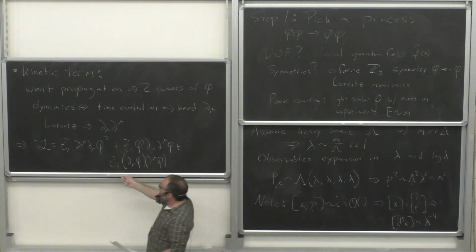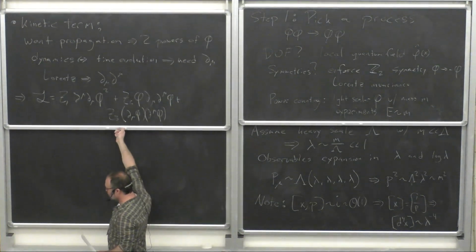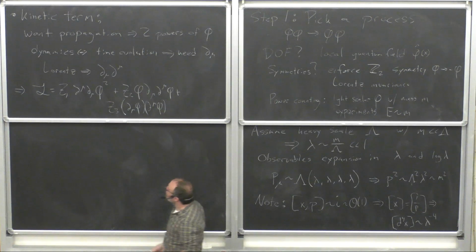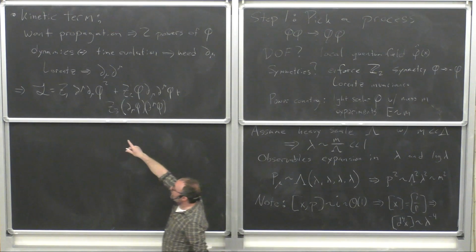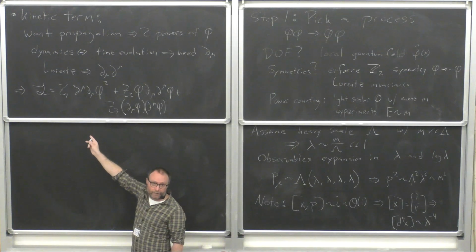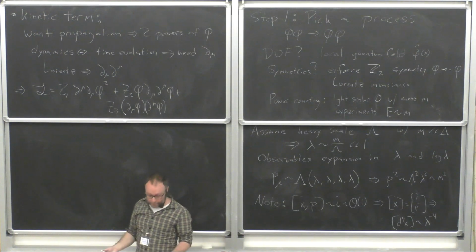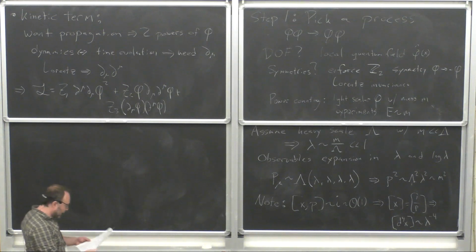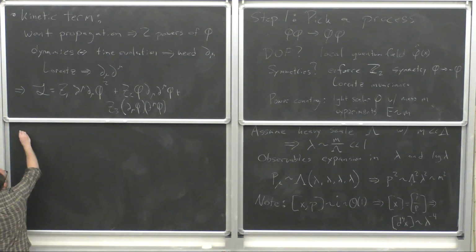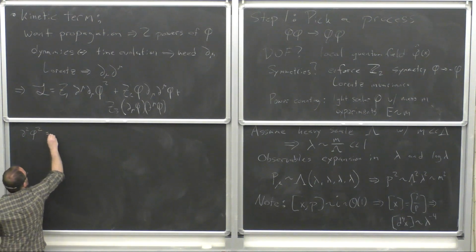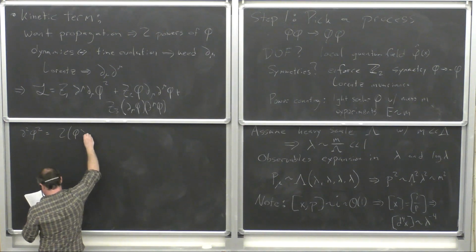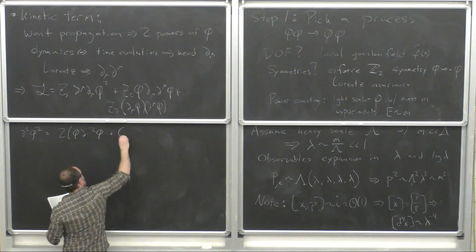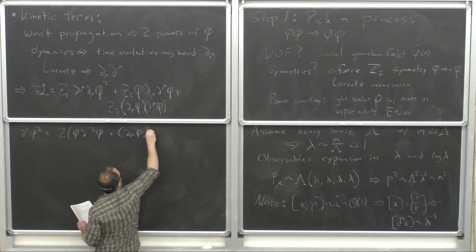Okay? And so the first thing I can do is that first term I can simplify, right, just using standard rules in calculus. And so d squared phi squared is simply 2 times phi d squared phi plus d mu phi squared.